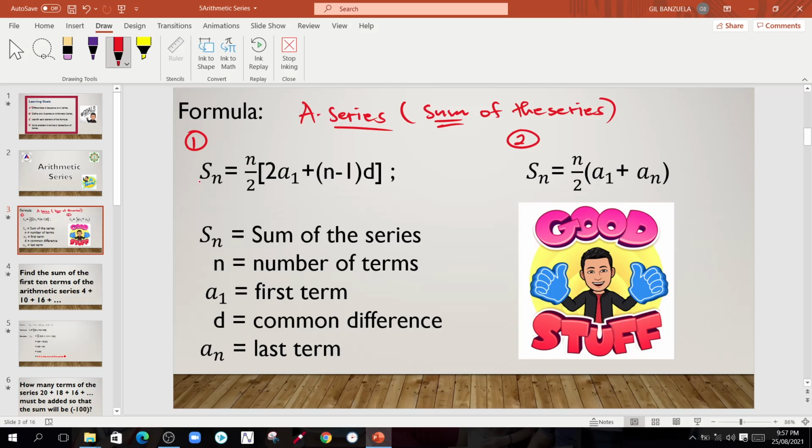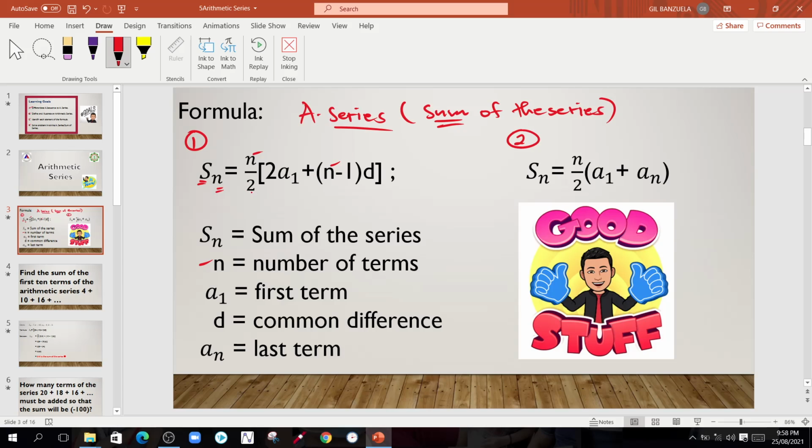That's why in our formula we use S for the arithmetic series, since we are looking for the sum of the entire series. That's the only new thing here, guys. Then of course our n is still the number of terms. All n belongs to the number of terms.